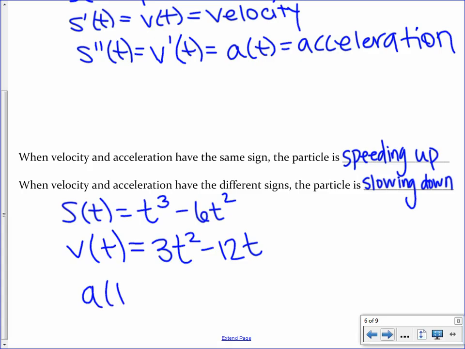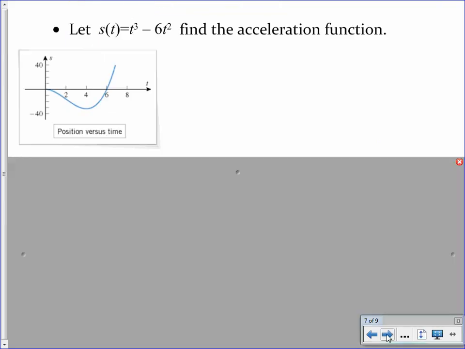Say that again, Jimmy. The acceleration is 6t minus 12. So first I want to look at our original graph. This is our position versus time graph.